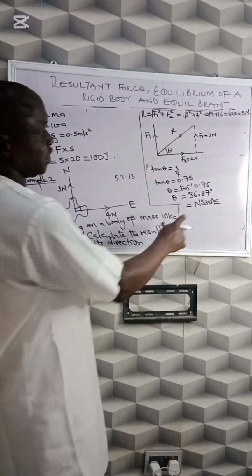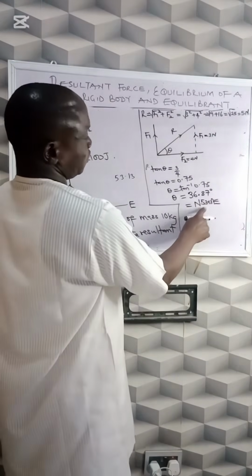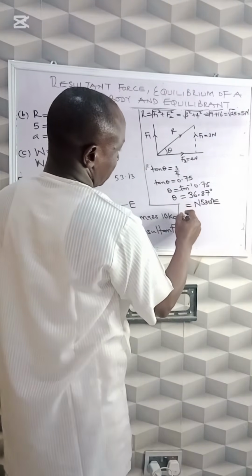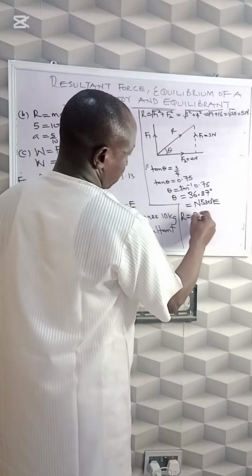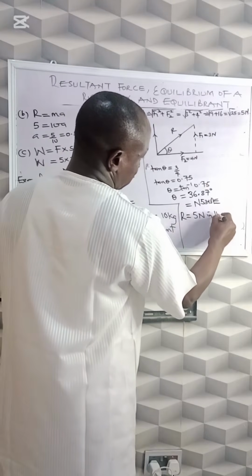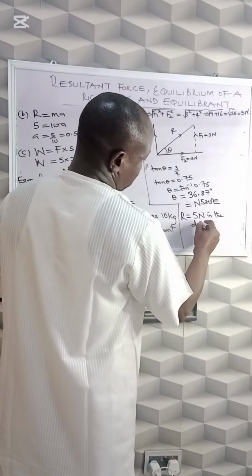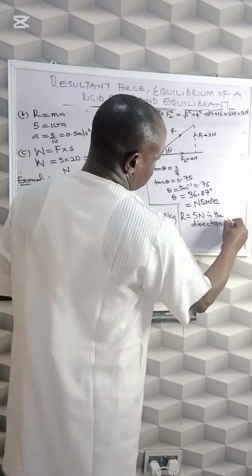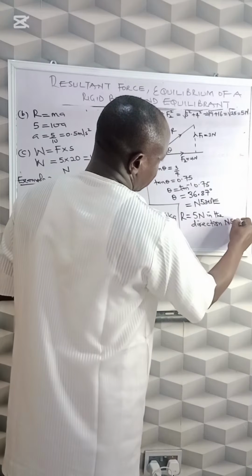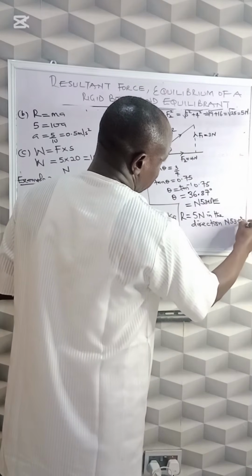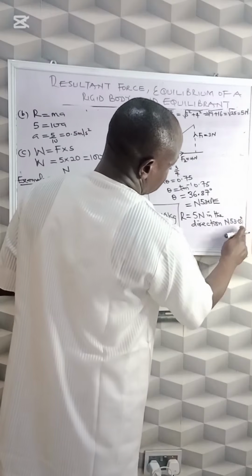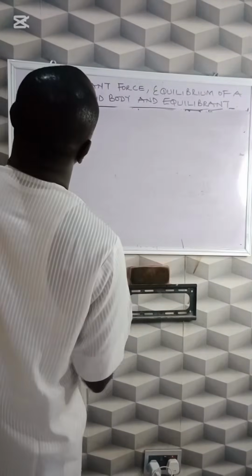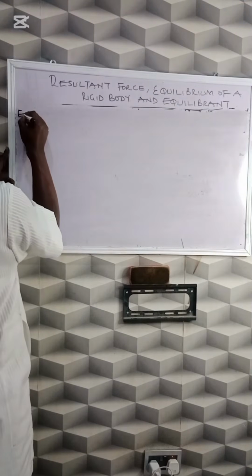So the answer is R equals 5 Newton in the direction north 53.13 degrees east. That's how to leave the answer. Example 3.